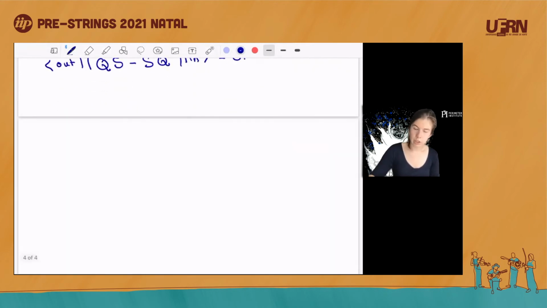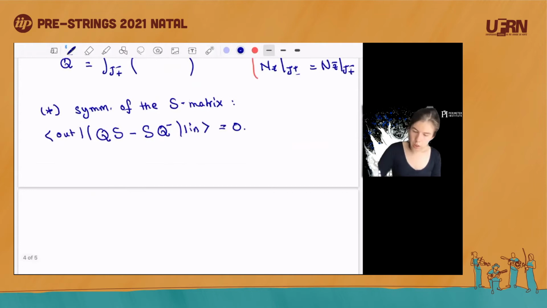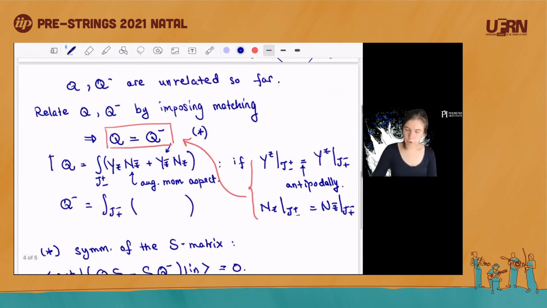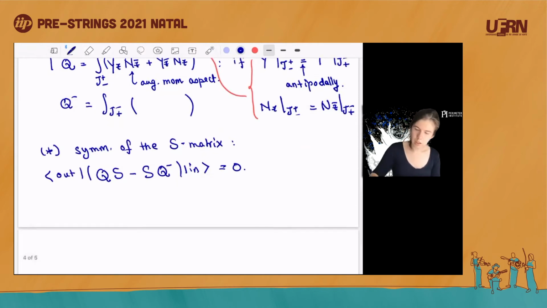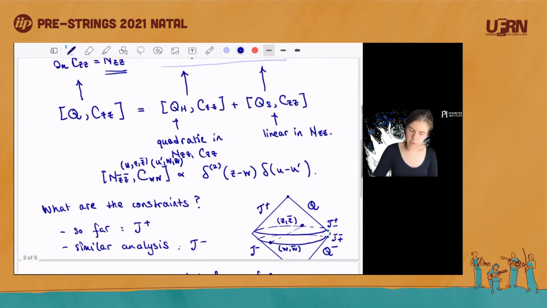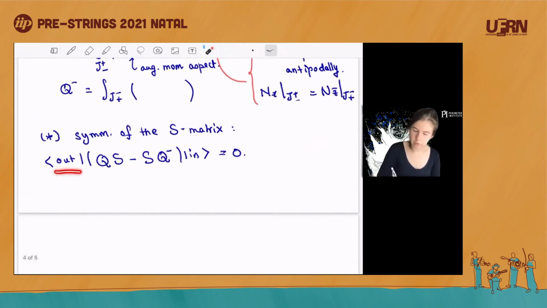Let's see what this equation tells us. Now we have some information on what Q and Q minus are. So we can use the split into hard and soft charges to rewrite this equation as follows. Let me be a bit more schematic now.